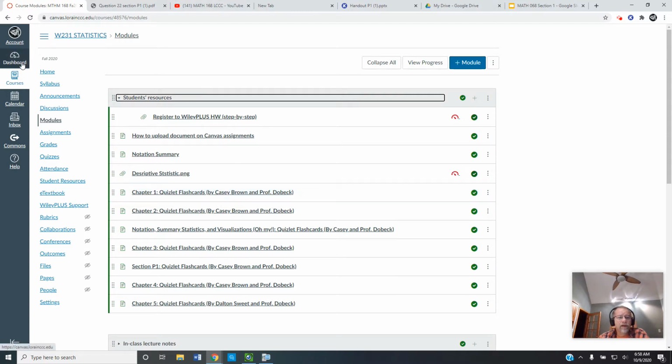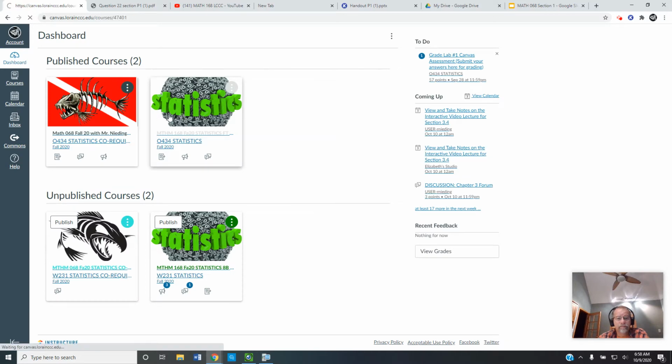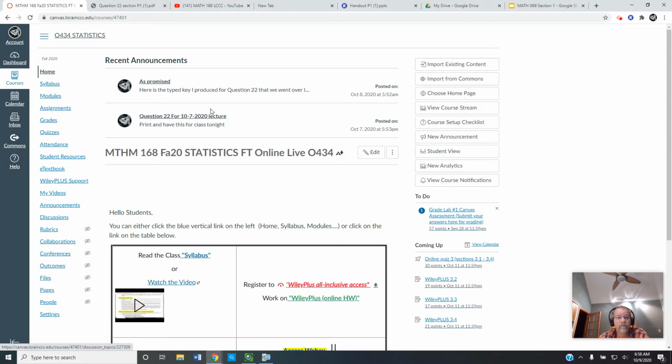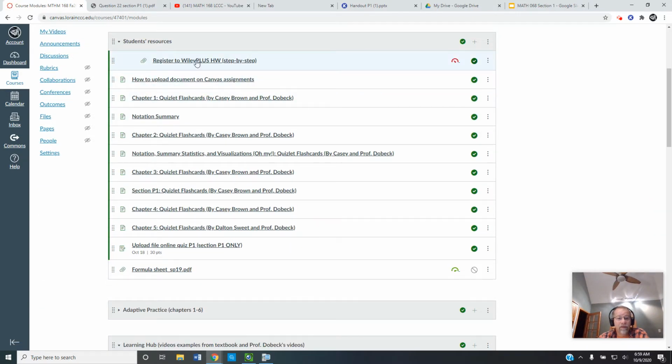And I'll show you mine. I have it posted into a different class of mine right now, similar to yours. Go to modules. It'll almost be identical to your class, but it's a different class right now. And if you notice right here, it's called Formula Sheet SP19. I'll be posting yours soon.